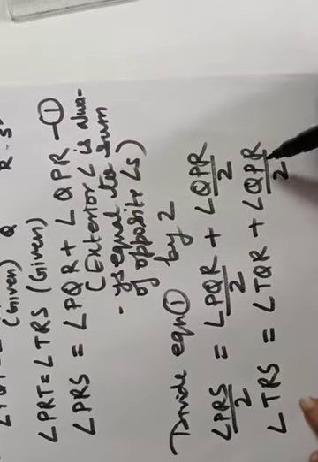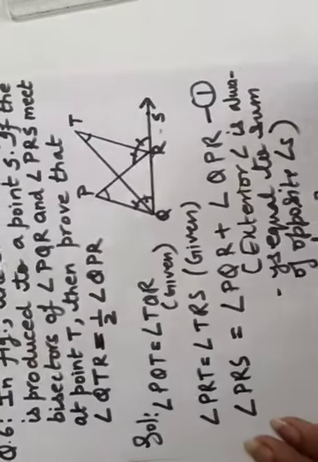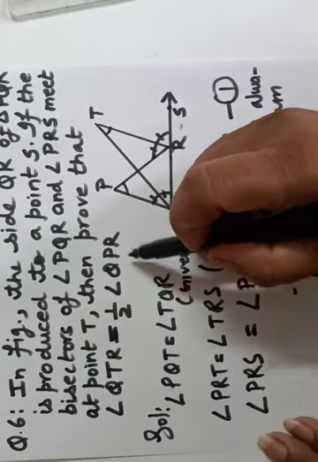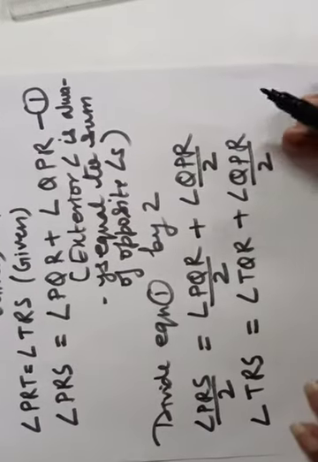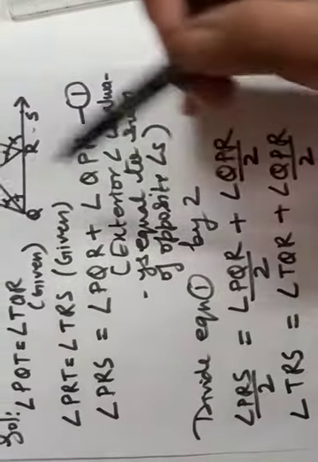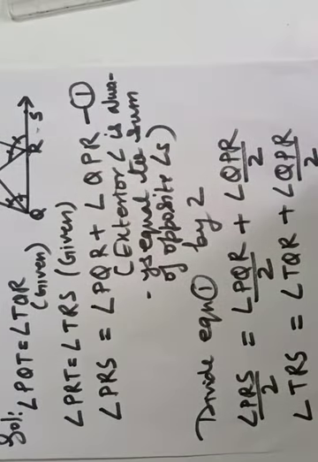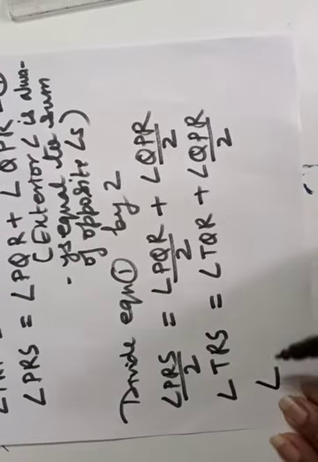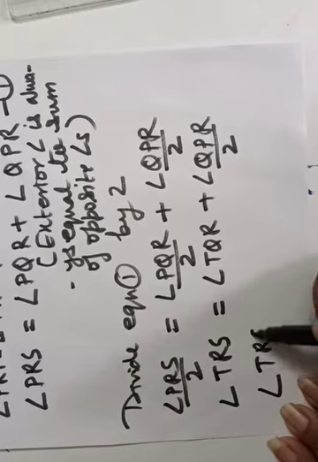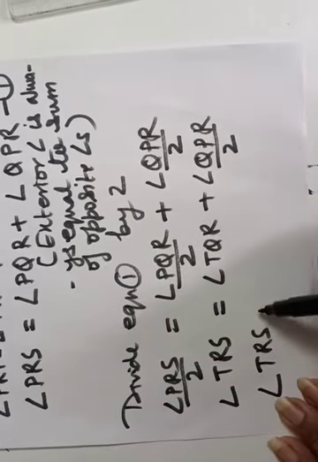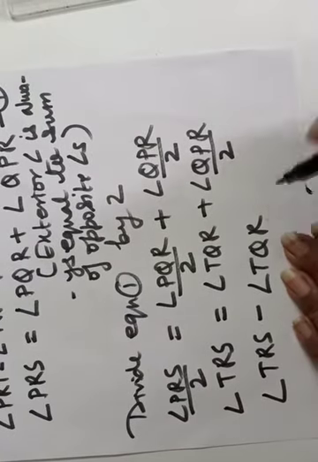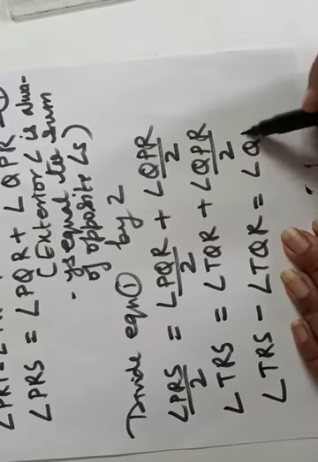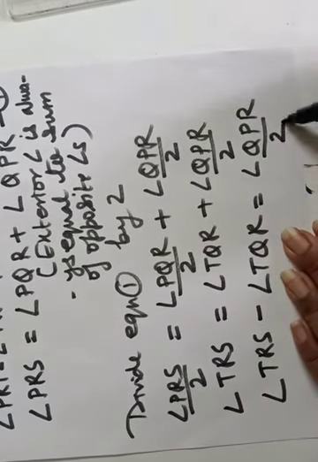See, this we want here because we need to prove this, so we need here QTR. So let's see, angle TRS minus angle TQR is equal to angle QPR upon 2.